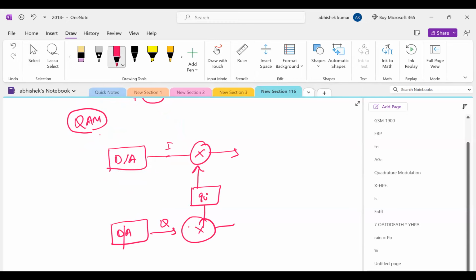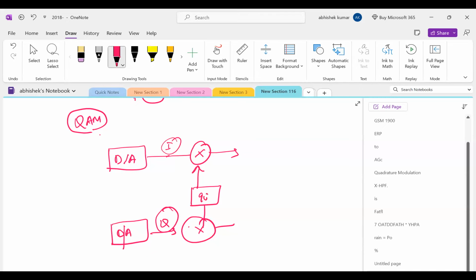Are you getting my point? Are you able to understand what I am doing? How do we know it's a 90-degree phase shift? Yeah, because of the in-phase component and quadrature component, and they are telling that it is quadrature amplitude modulation we are using.